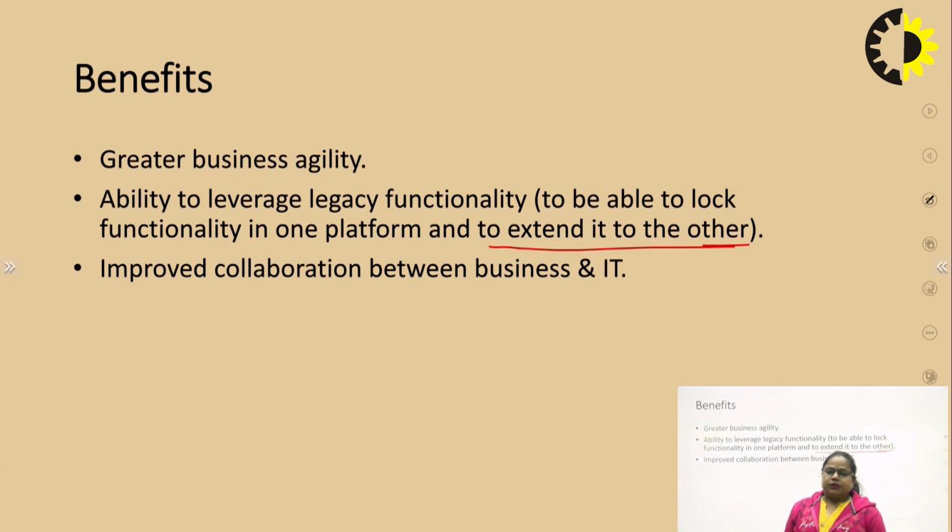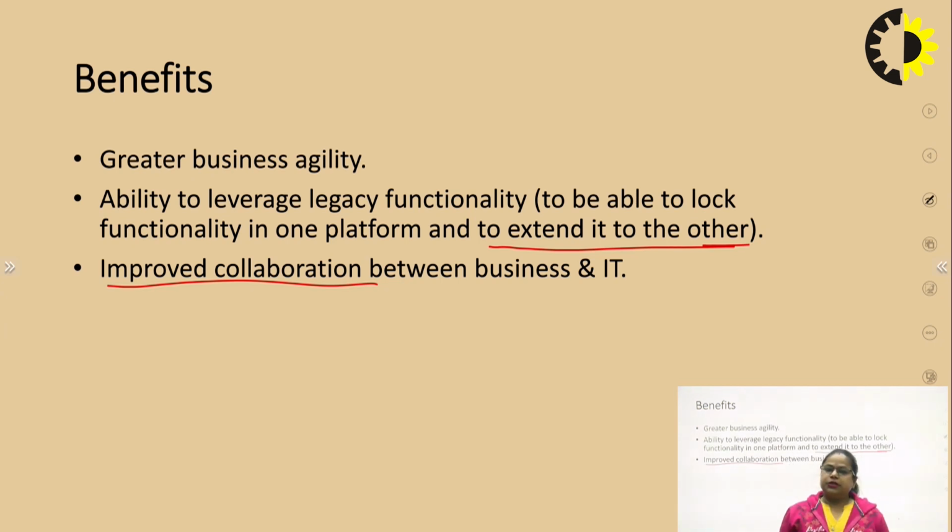The next thing is, when we are talking about business and IT industries, SOA architecture or service models improve collaboration, which benefits how the business is executed. It provides improved collaboration because everything is included in the services.